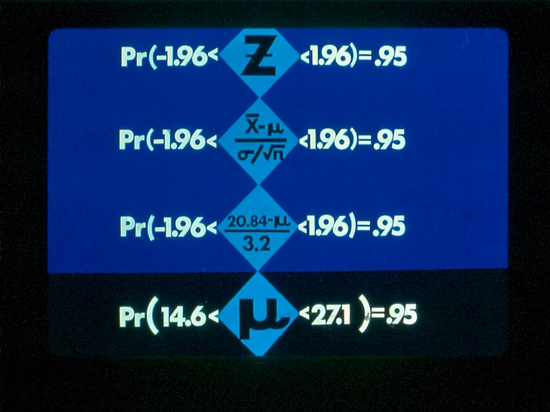We then worked with the inequality inside the parentheses so as to get mu at its center, as shown at the bottom. The two limits in this statement describe what we call the confidence interval. For the example shown, a 95% confidence interval for mu has the limits 14.6 and 27.1.